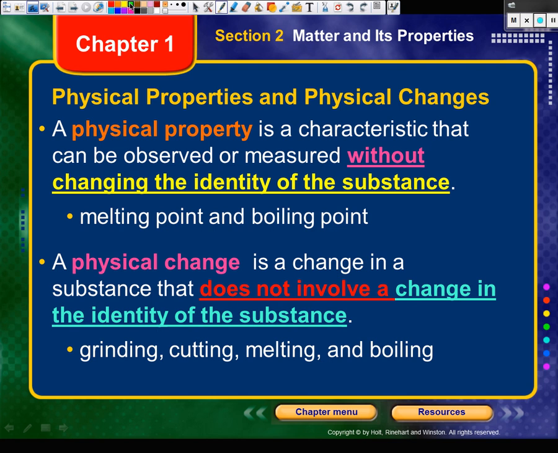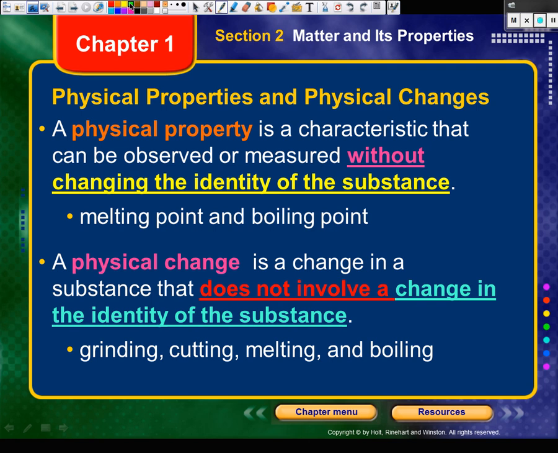If I measure your height or your weight, it's not going to change anything about you. Two examples of a physical property are the melting point and the boiling point. We'll get a little more in depth in a second, because those two things confuse most students when they first hear it, until they understand the reason why it's a physical property.